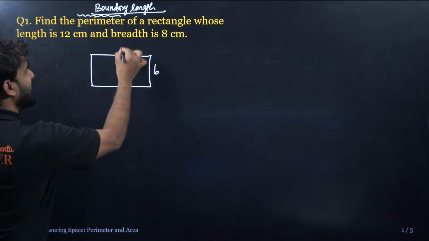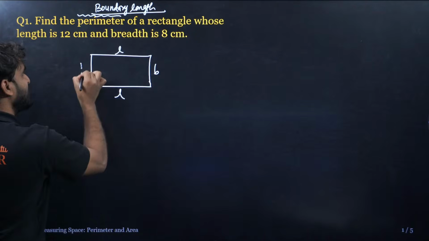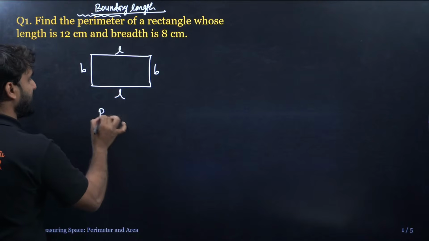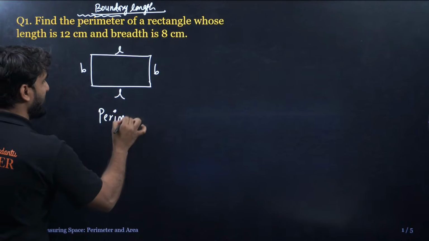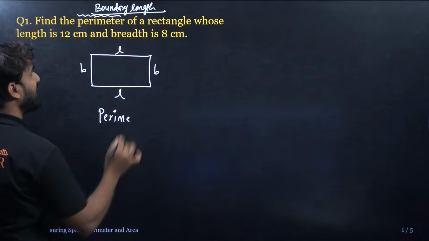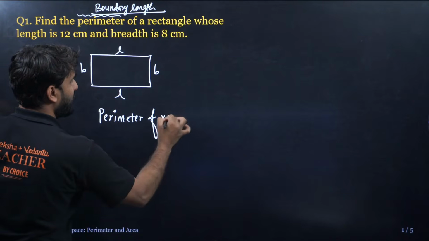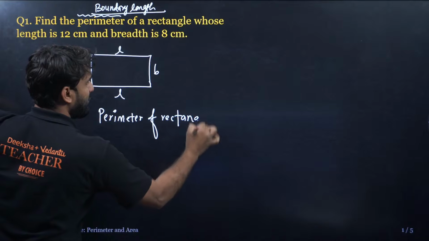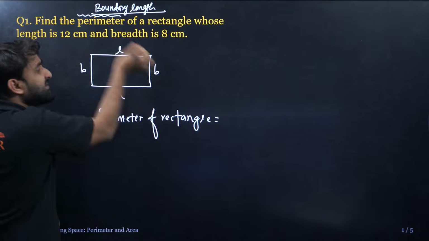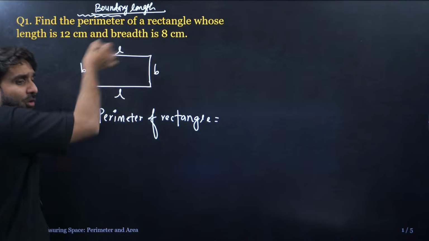If this is length, it has to be length. If this is breadth, it has to be breadth. And what will be the perimeter? I have already told you, champions, the perimeter means boundary length. So the perimeter of a rectangle will be the sum of all these boundaries.